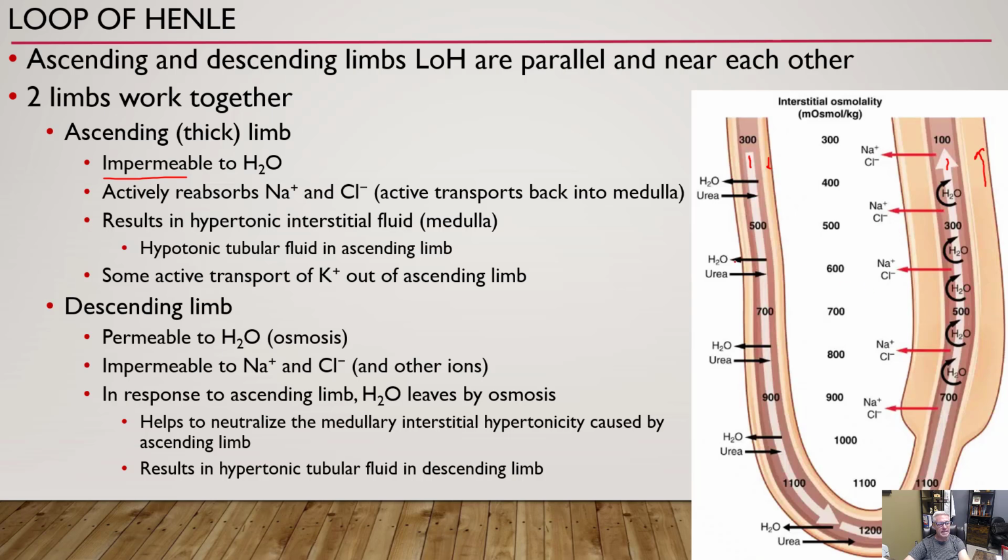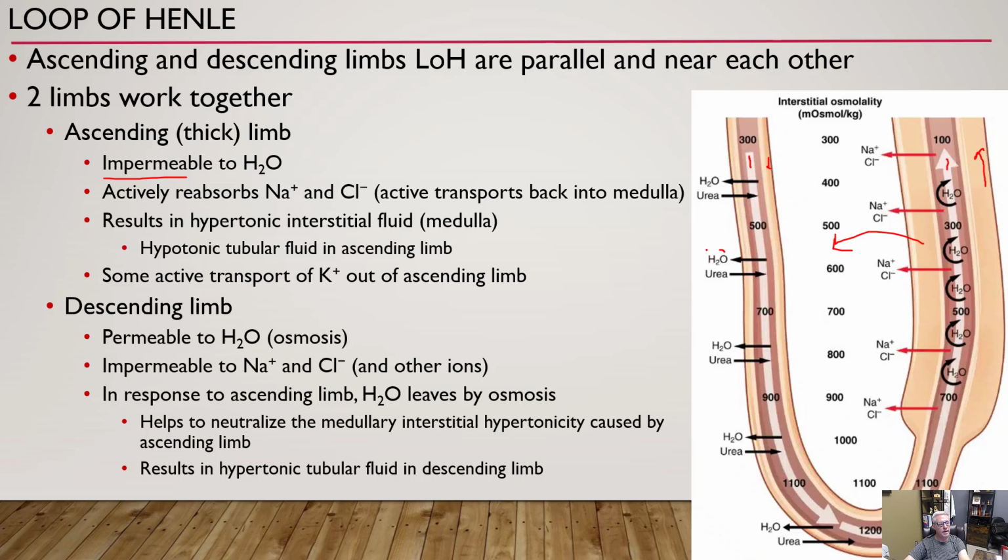And then now the descending limb will throw out a bunch of water, hopefully to counteract that salt that the ascending limb threw out. So the descending limb is permeable to water by osmosis, but it's impermeable to salt and chloride and other ions. And in response to the ascending limb throwing out a bunch of salt, sodium, remember water is going to follow sodium, we have sodium getting dumped out of the ascending limb.